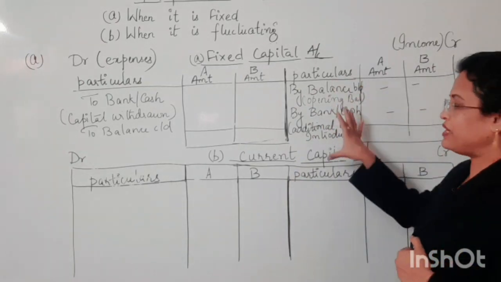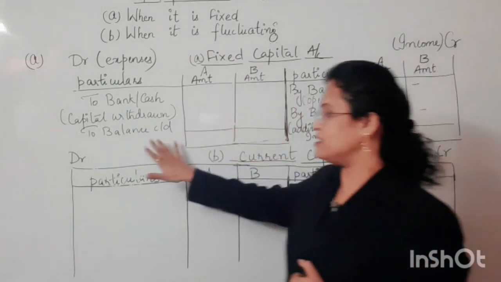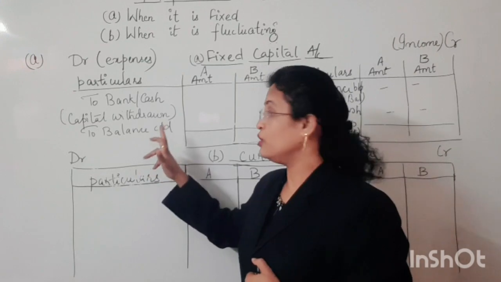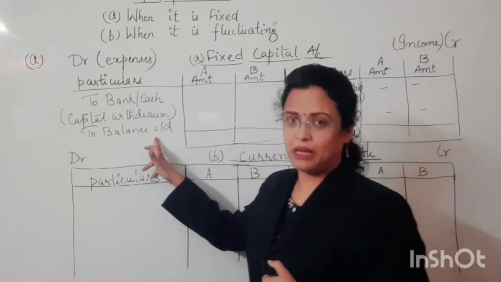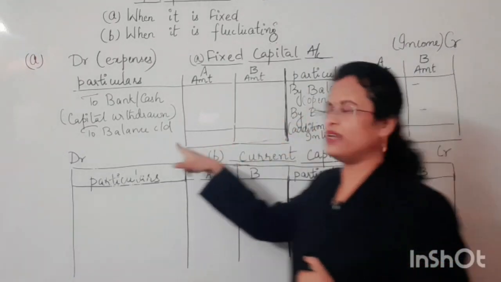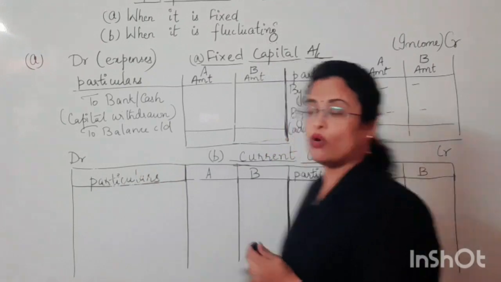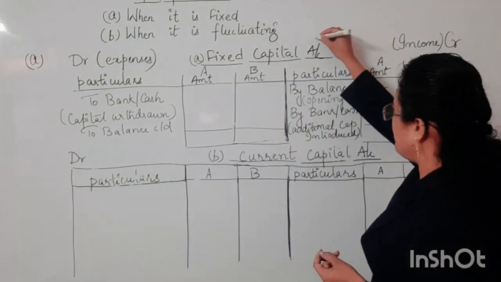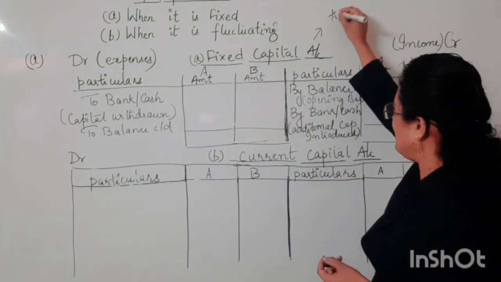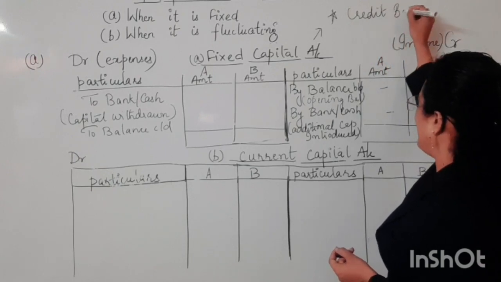So generally, in a fixed capital account the opening balance will be on the credit side, and the closing balance, the balancing figure, will be on the debit side. Always remember that the fixed capital account will always give us credit balances.